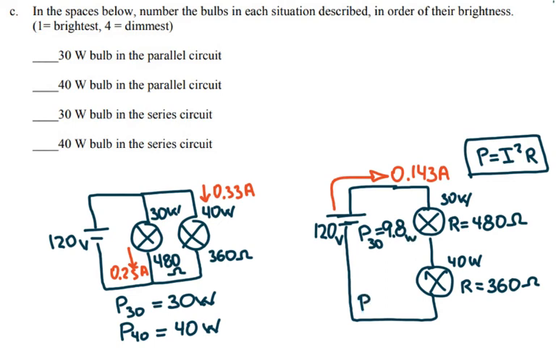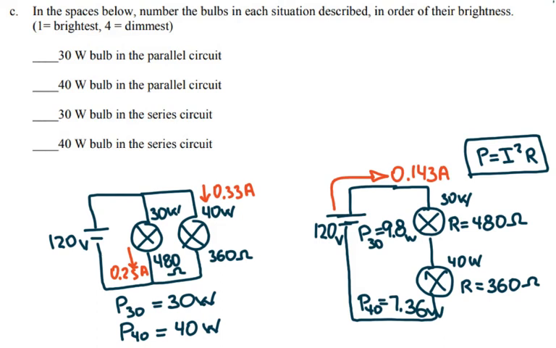And the power on the second one, the 40 watt bulb connected in series, is again the current, 0.143 squared times 360, and I get 7.36 watts.